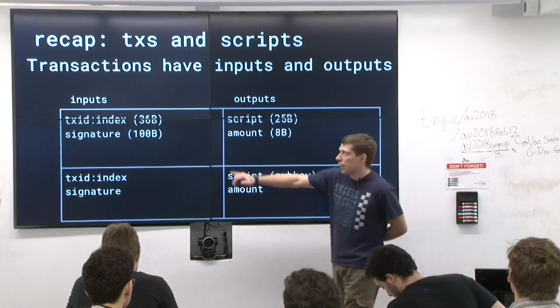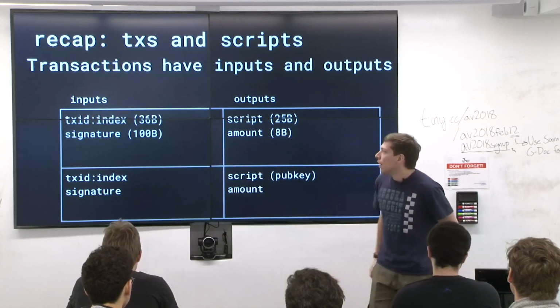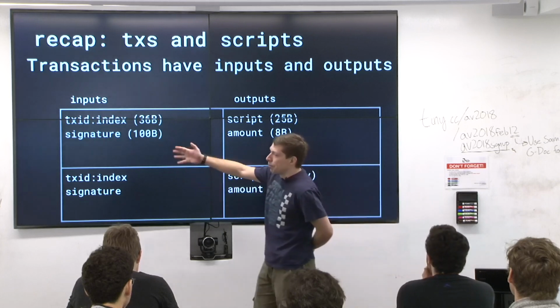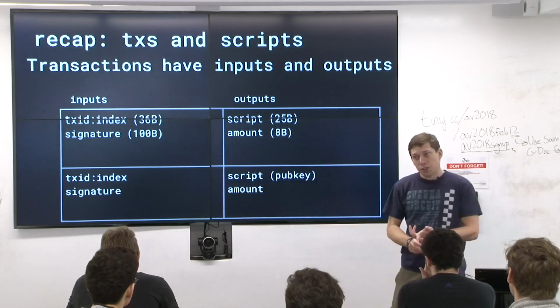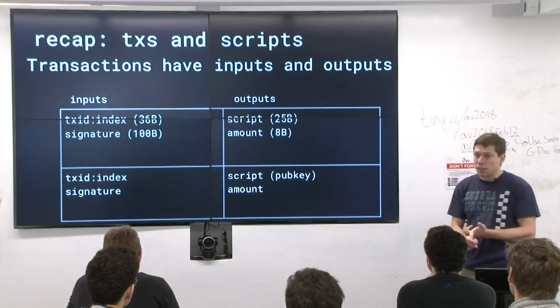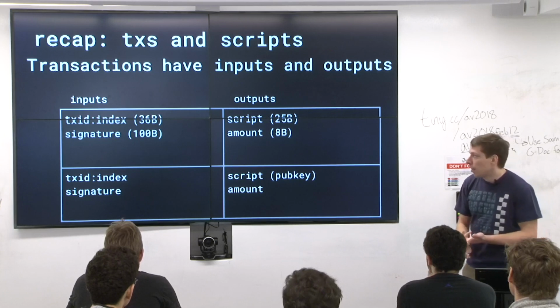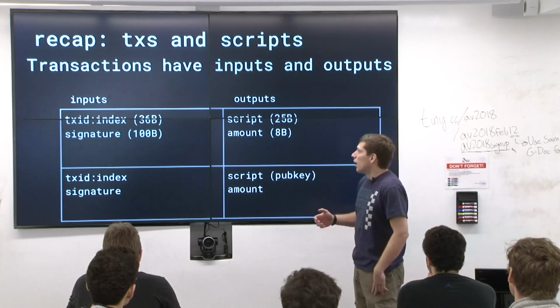So you really don't need it to be able to go up to 4 billion. But that's how it is. The signature ends up being about 100 bytes because you have to provide the public key, which is either 33 or 65. And then the signature itself is encoded to something like 70 bytes. Both of those things could be much more efficient, but they're not yet.